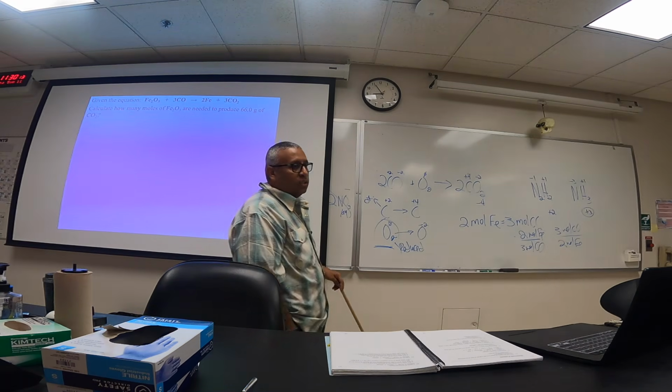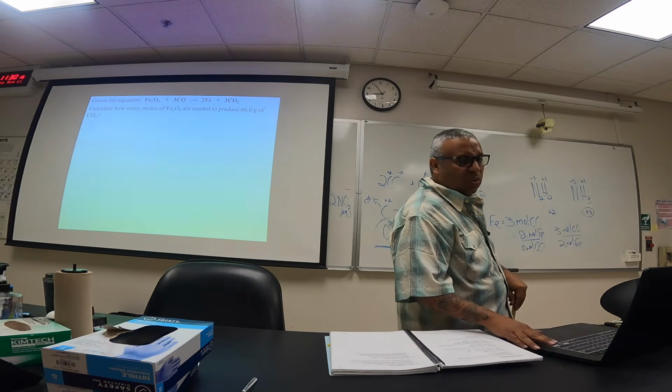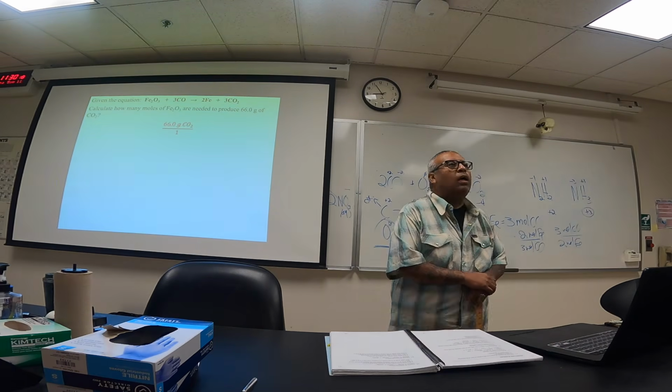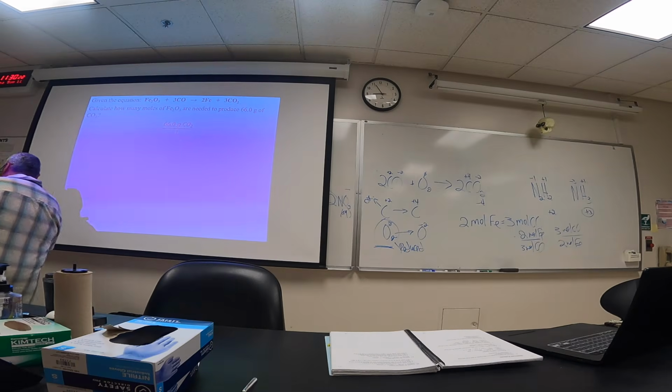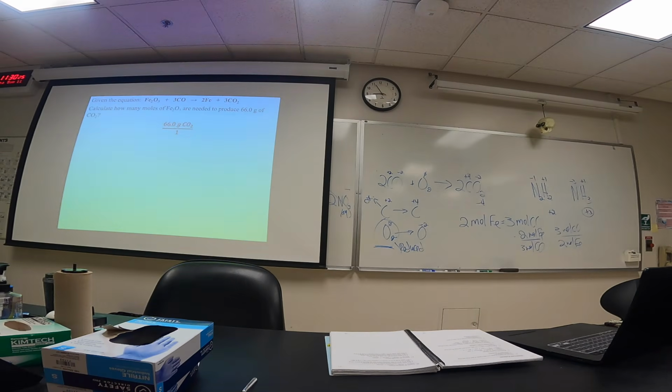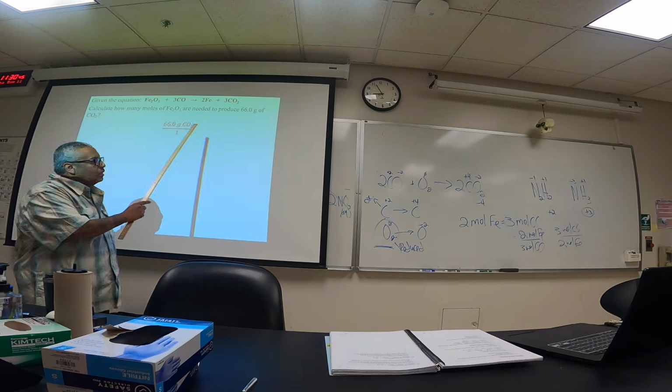So we're going to start with the 66.0 grams of carbon dioxide. Now, we have to convert this into moles. Where would we possibly find information that's going to help us convert those grams into moles? Yeah, periodic table, right? With the periodic table we can get the mass of this.